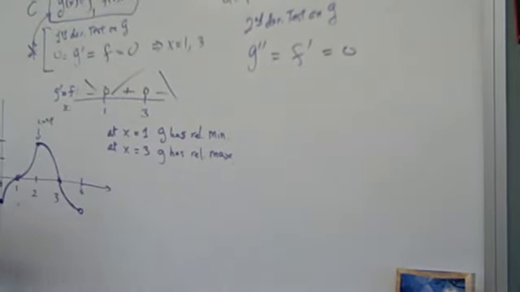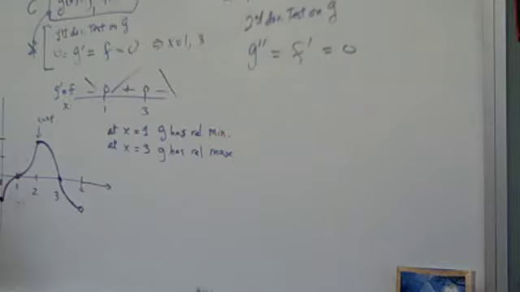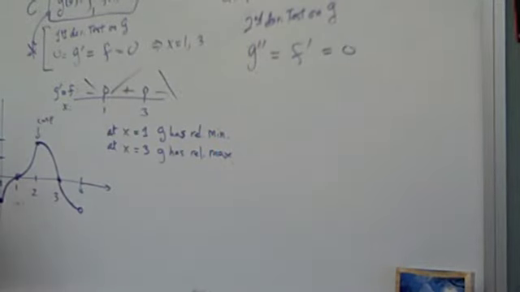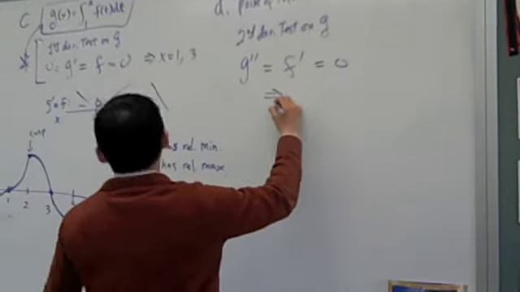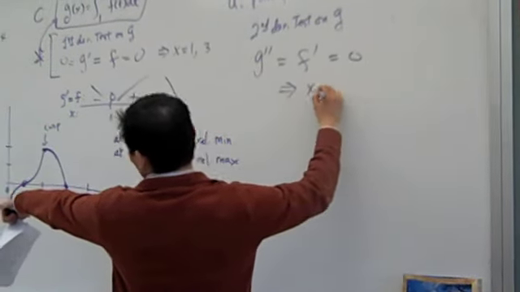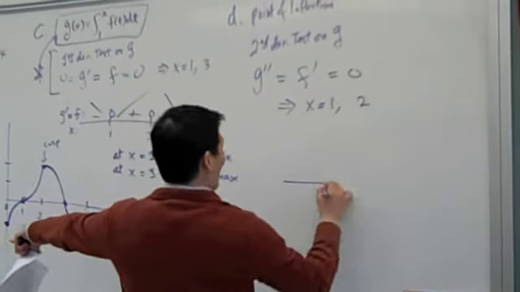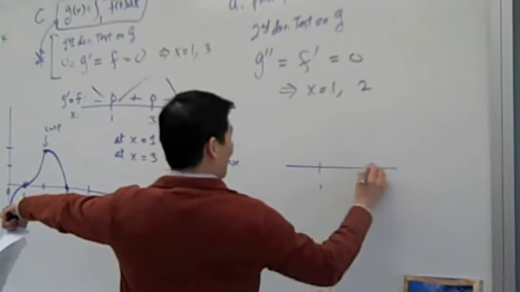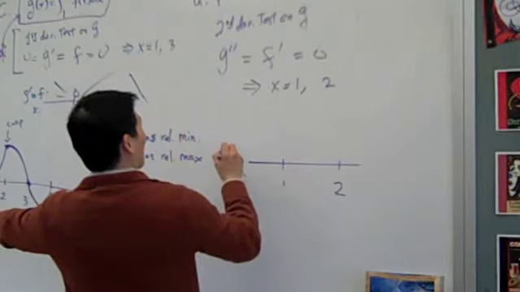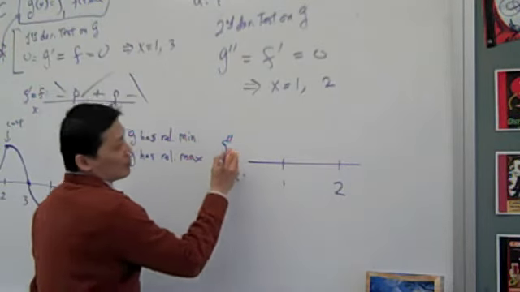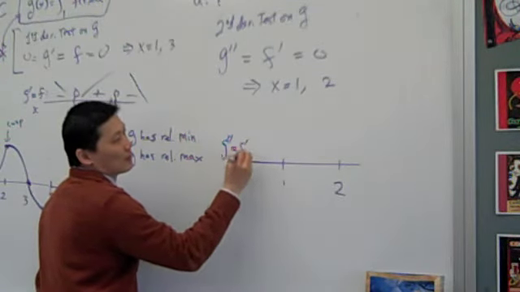Yeah. We set F prime equal to 0 right here. And we figured out that x will be 1 and 2. And look at this, I'm drawing exactly the same thing. 1 and 2, x. And we're talking about g double prime. And remember, g double prime is F prime.